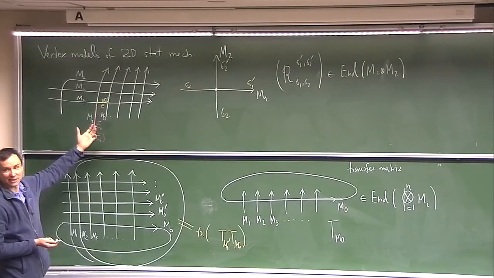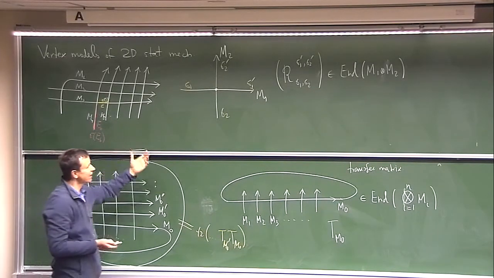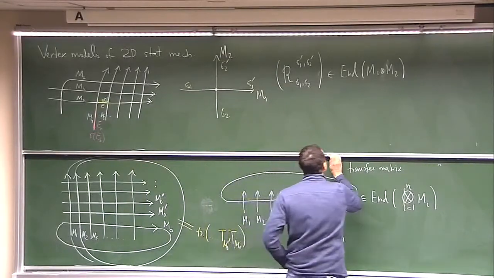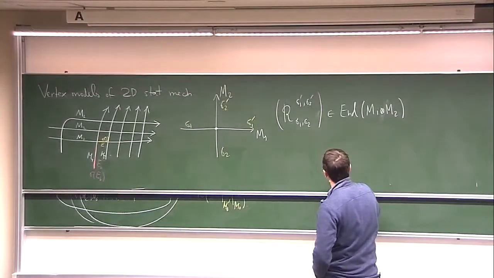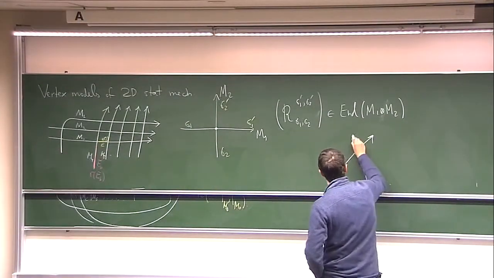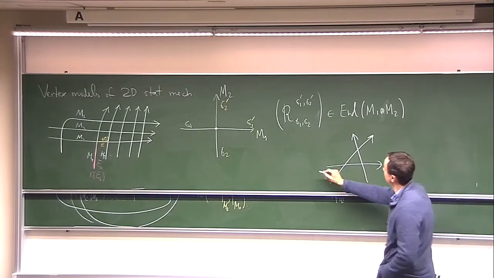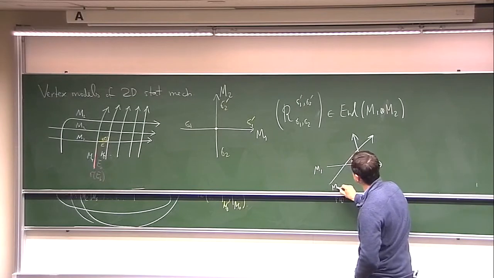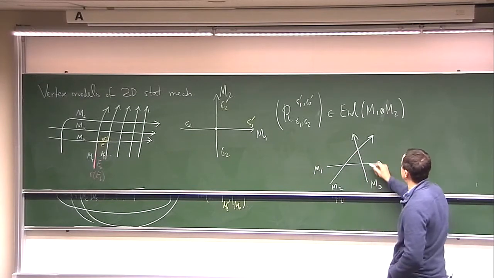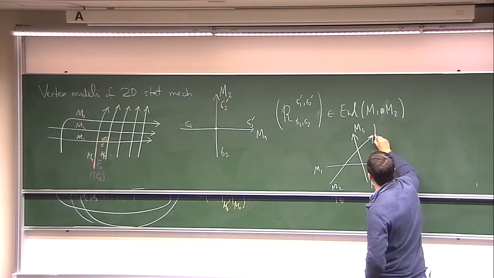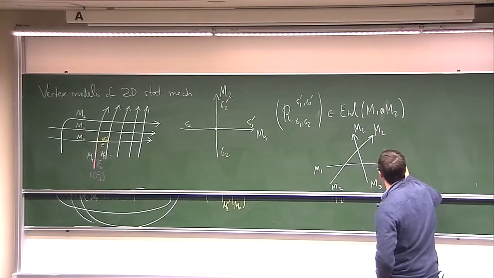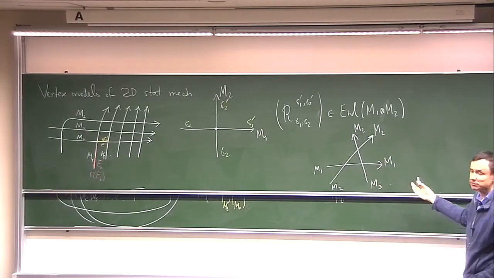But if it satisfies the Yang-Baxter equation, then what does the Yang-Baxter equation say? It says that if I have three lines like this, this is an operator from a product of three spaces.